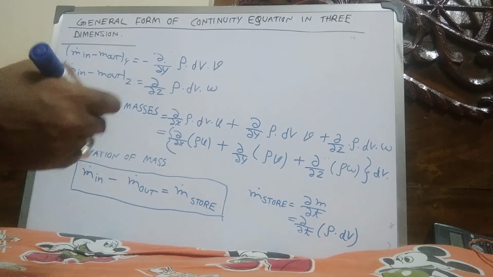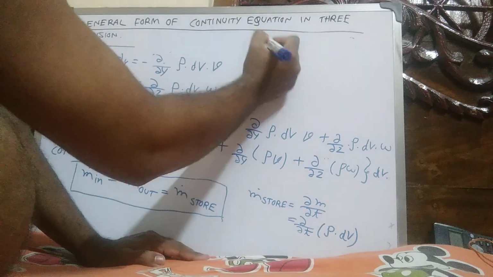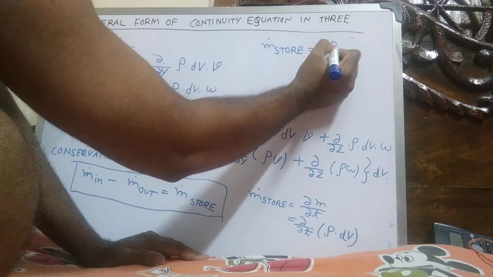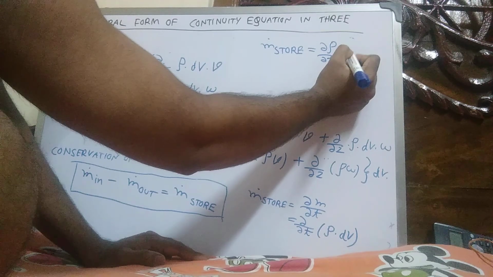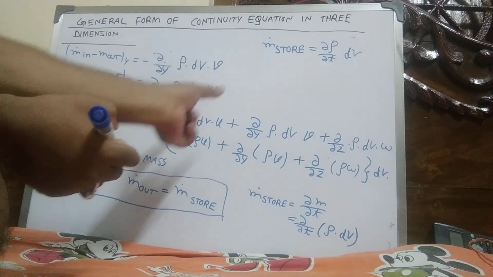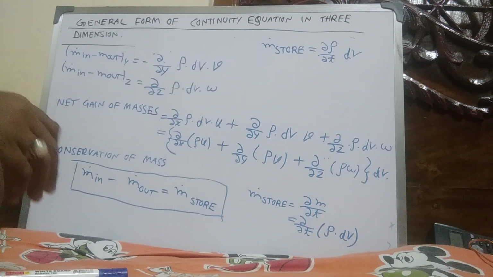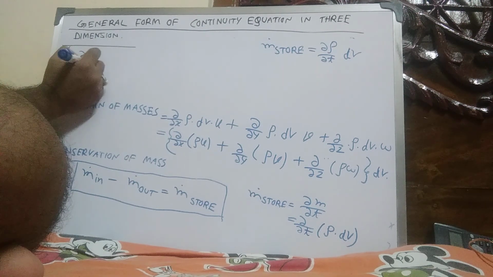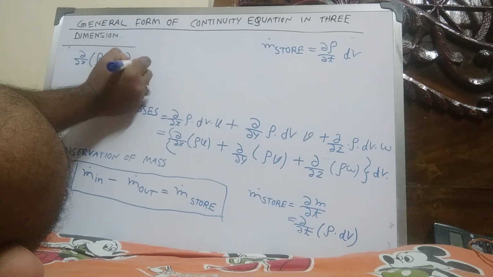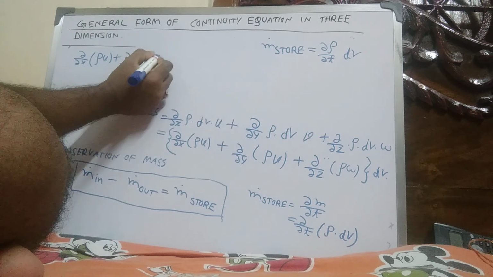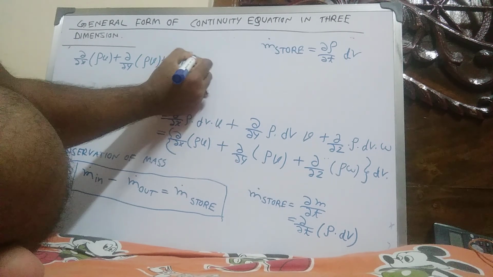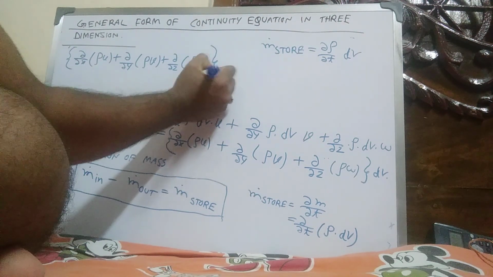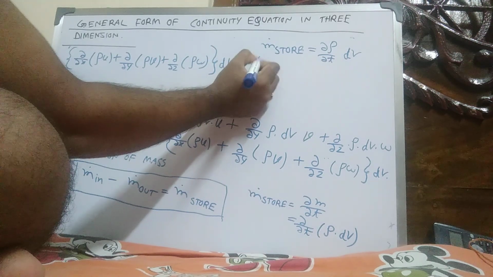So m stored equals d rho by dt into dv, and this one, this one and this one are now equal. So d by dx of rho u plus d by dy of rho v plus d by dz of rho w, into dv, equals d rho by dt into dv.